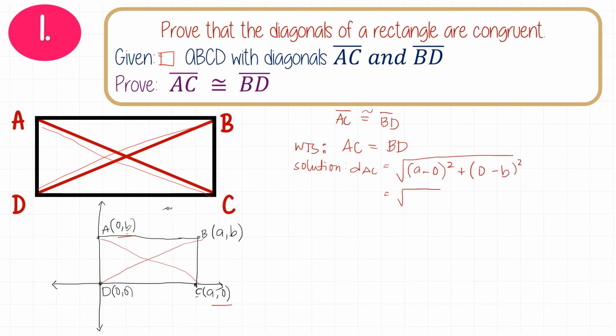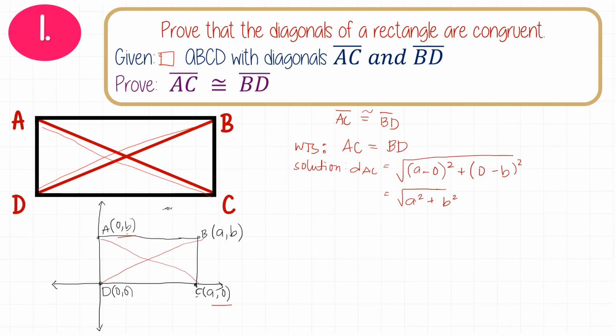A minus 0 is A and then squared plus 0 minus B is negative B squared. So, it's the same as B squared. So, ito yung distance from A to C.